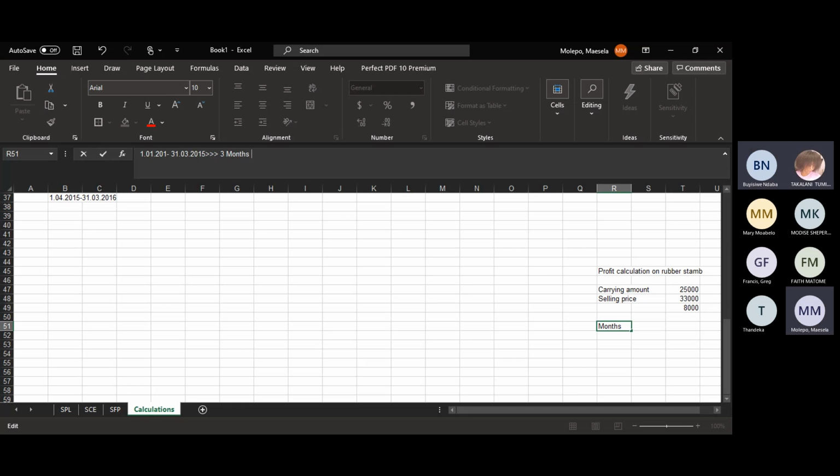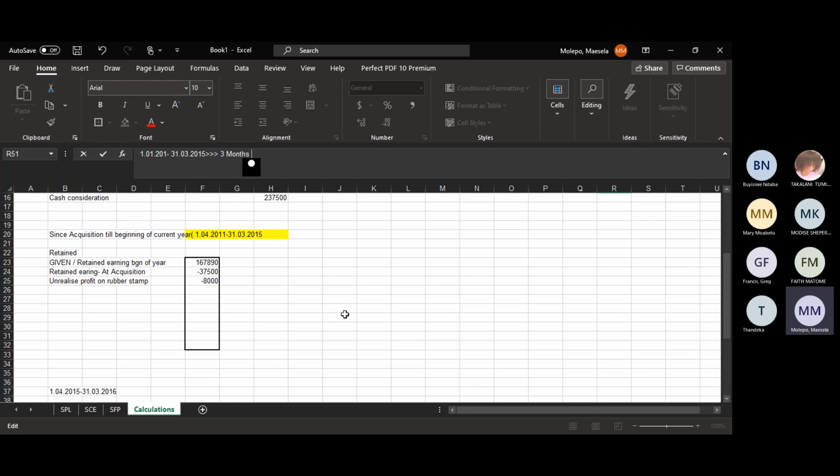Okay. Now we're going to record the depreciation. We're going to say that depreciation will be the realization of the profit. So we say depreciation on the rubber stamp. It will be the 8,000, which is the profit I made, multiplied by 20%, because they said the depreciation is written off at 20% per annum using the straight line method, in adjustment number 9.